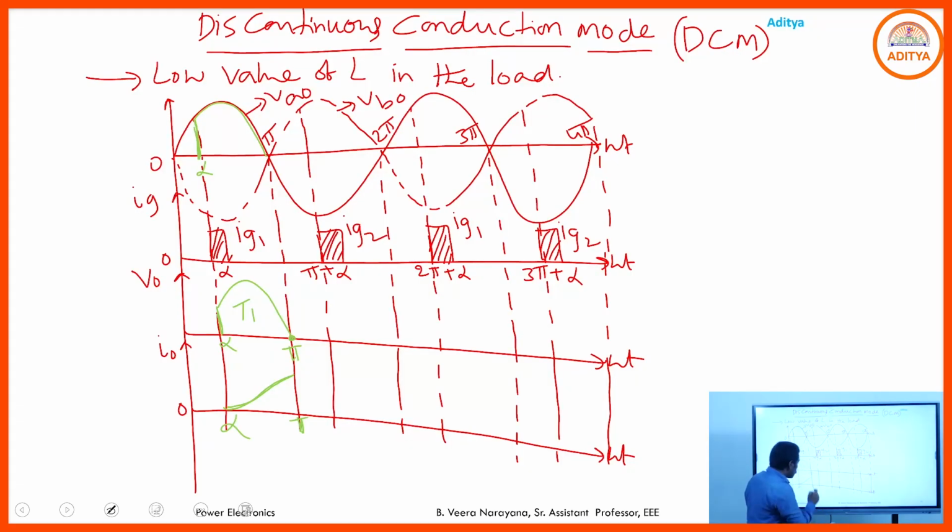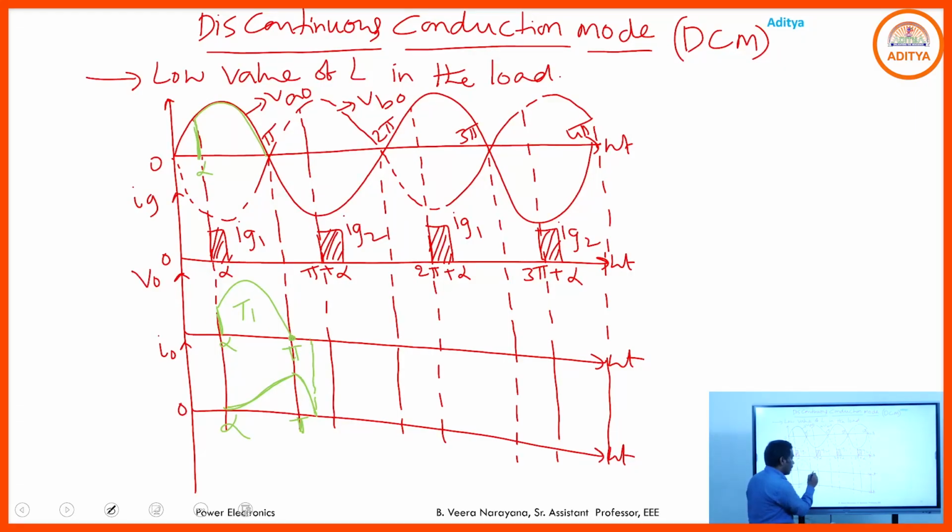So the energy stored in the inductor is discharged to the source through the same SCR. Hence the conduction portion of SCR1 is extended up to the instant where the energy stored in the inductor is completely discharged.